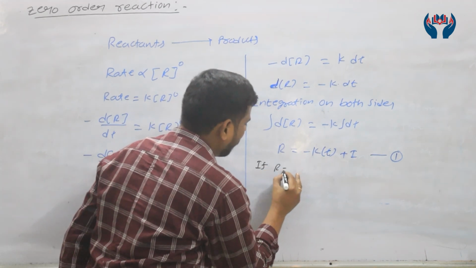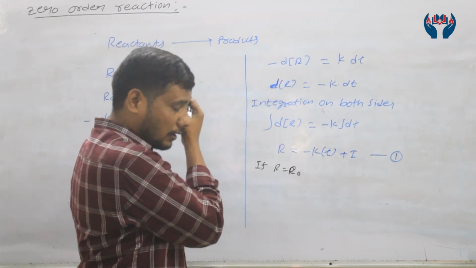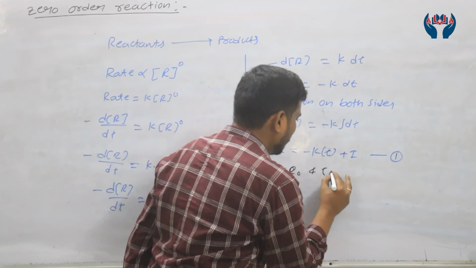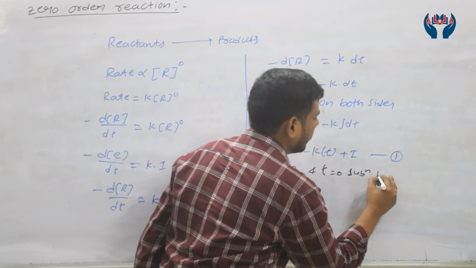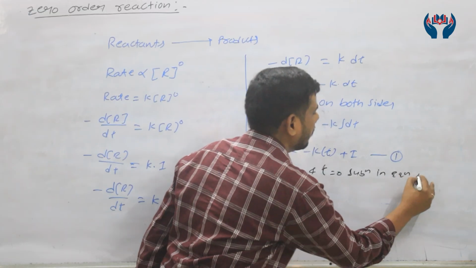If R equal to R0 and t equal to 0, substitute in equation 1.